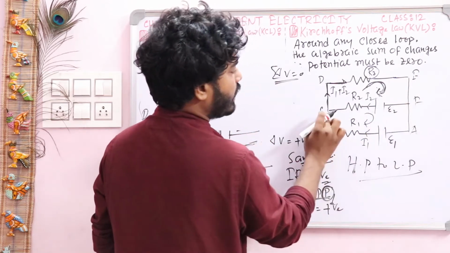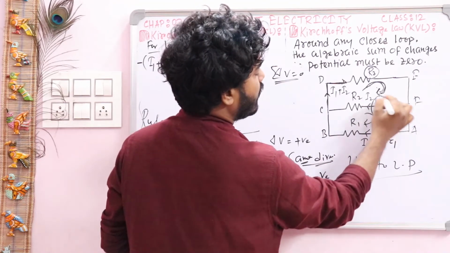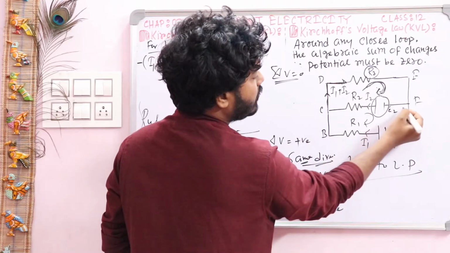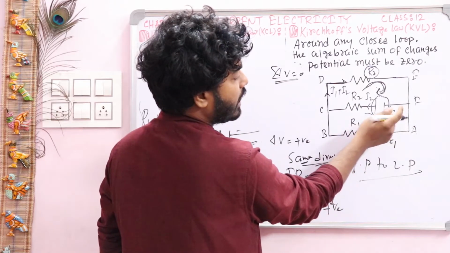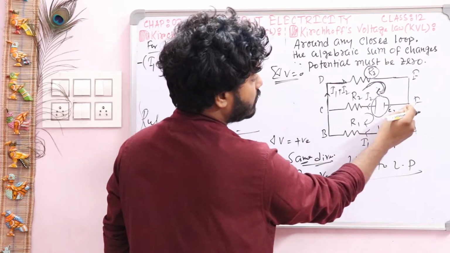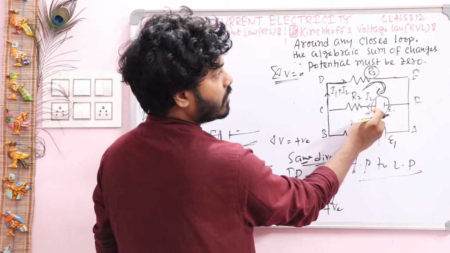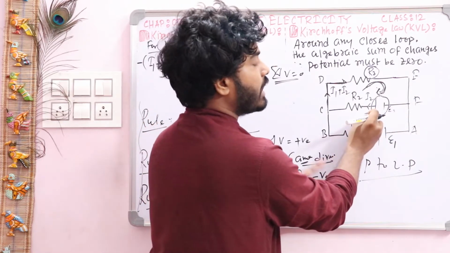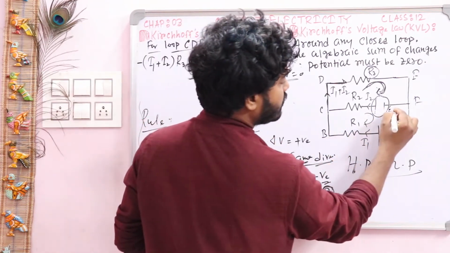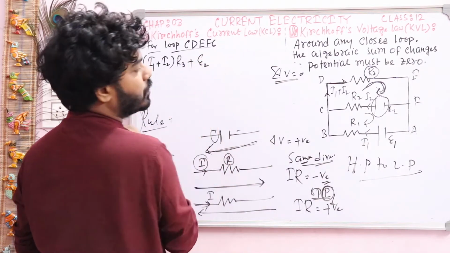Now F to C, at first there is a cell, and for the cell you just see your direction is negative to positive. Here you have to consider your direction, not the direction of current. Your direction is negative to positive, so you ended at positive. When you end at positive, you have to consider a positive sign.